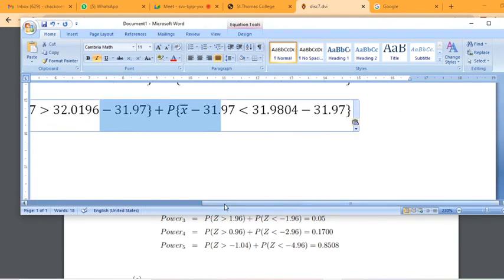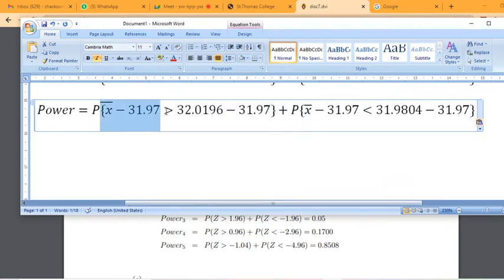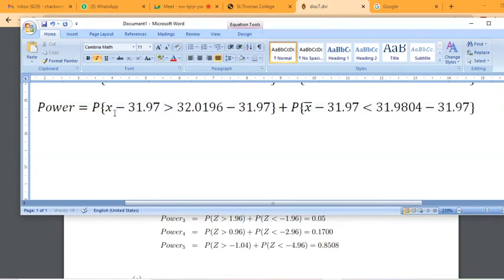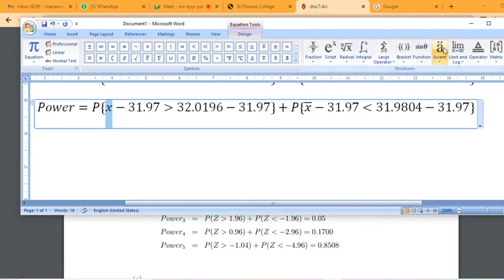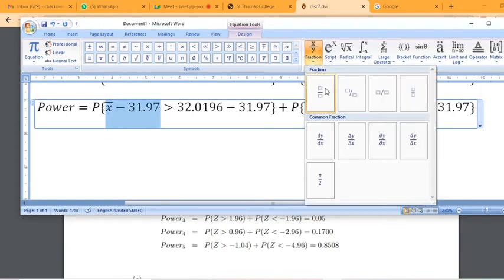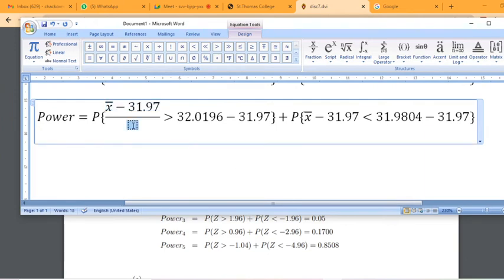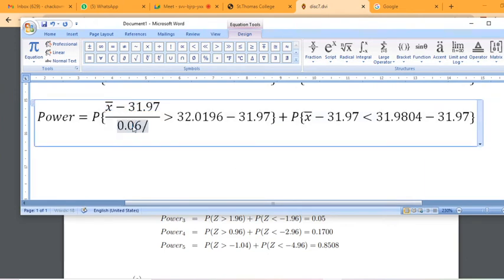So what is the standard deviation? 0.06 by 6. Divide with 0.06 by 6.